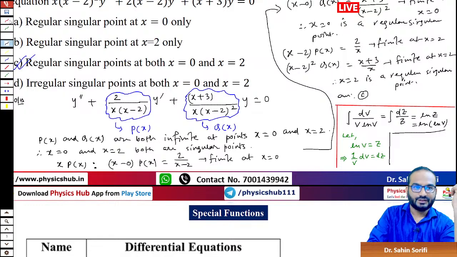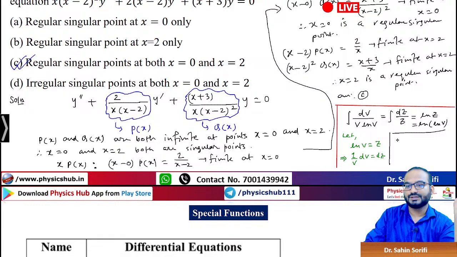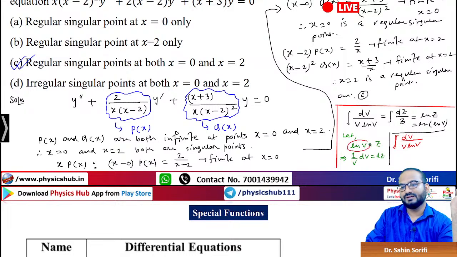Right? Now the one which you used in our calculation, let's say dv by v ln v. You have identified that 1 by v dv is nothing but the derivative of ln v, isn't it? You have taken the derivative of ln v, that is why you have got 1 by v dv. So we can directly write d of ln v in place of 1 by v dv, and ln v was there.